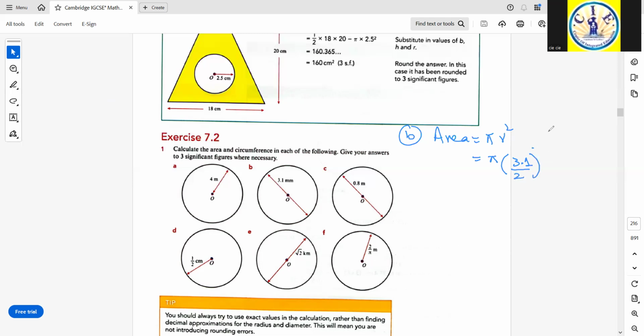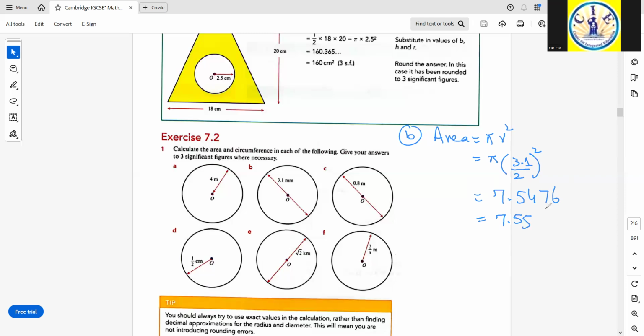So simplifying it, let me use the exact value, 3.1 divided by 2, and its whole square. So the complete answer using the value of pi is 7.54767635. Retaining our answer to three significant figures, this will be 7.55.